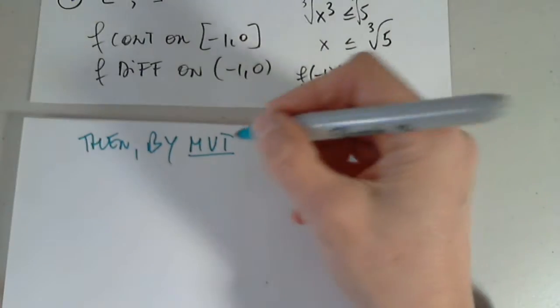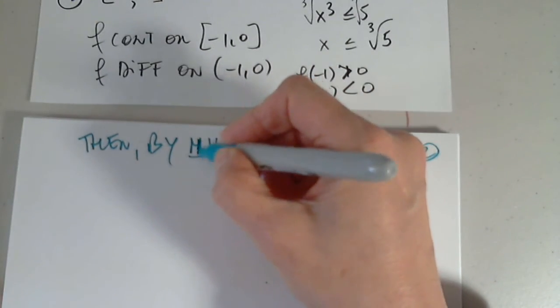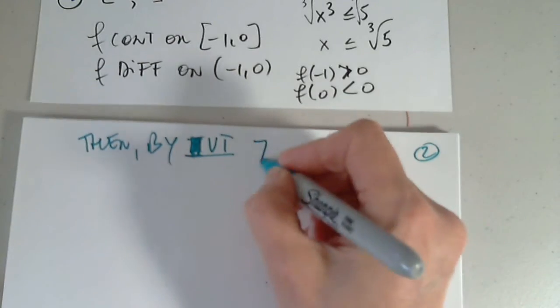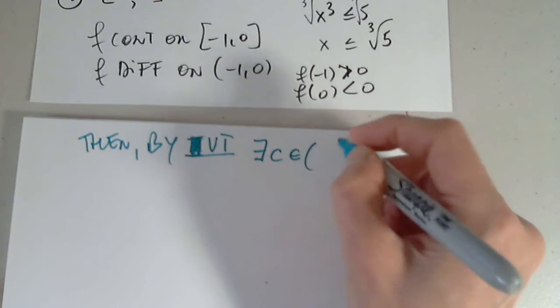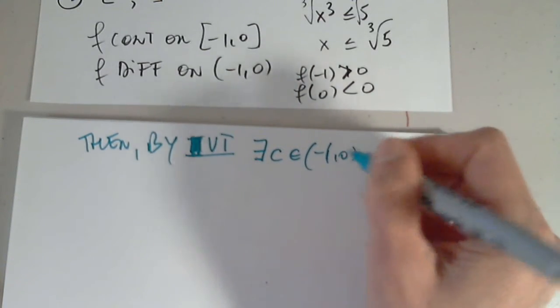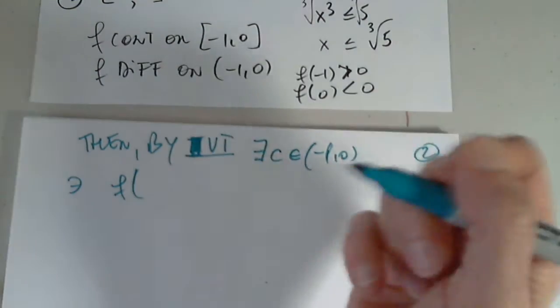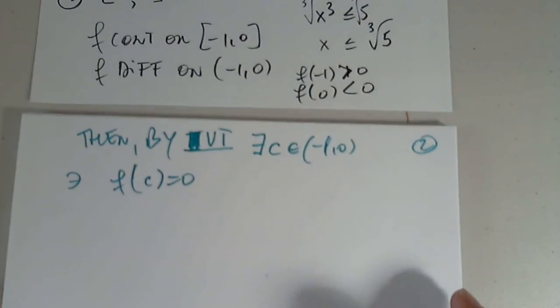I'm talking about something else, of course. By the intermediate value theorem, there exists a c in the open interval (-1, 0) such that f of c is 0.